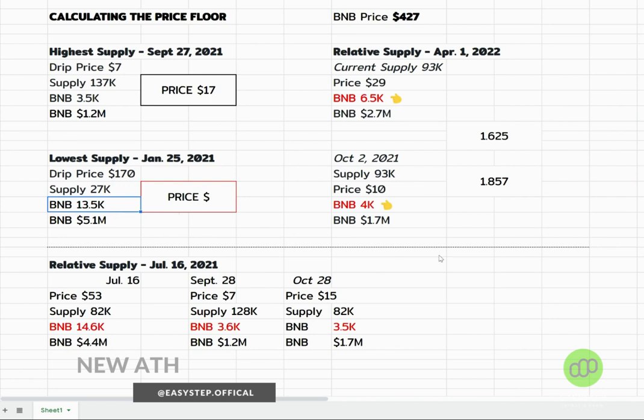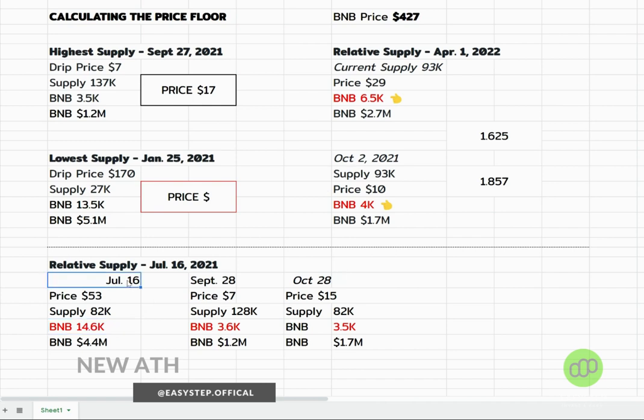Now, what I'm going to do is look at the previous all-time high, and based on that DRIP supply and that BNB balance, we're going to find a new ratio that we can apply to the last all-time high and find the new all-time high that way. Okay, so let's go ahead and do that.